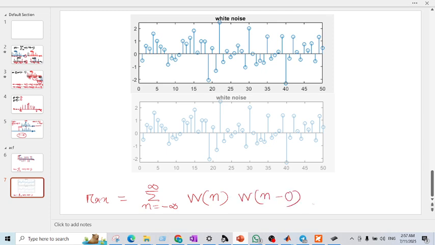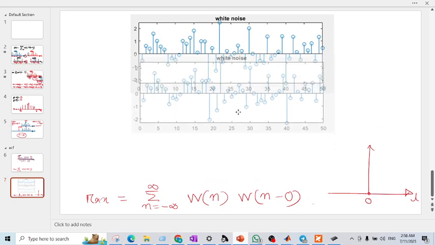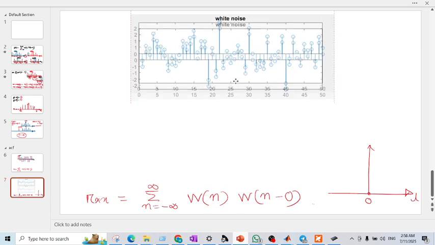If I take L equal to 0 and do this multiplication, let's say it is the R versus L graph, and at 0 let's try to find what will be the value. You see that W[n] and W[n minus 0] are both the same.